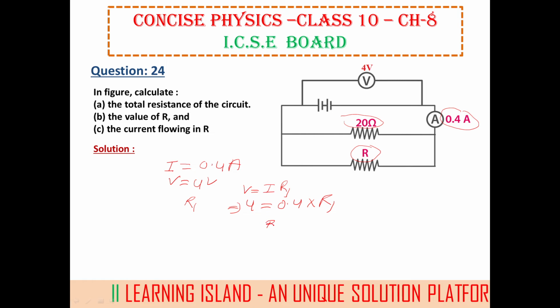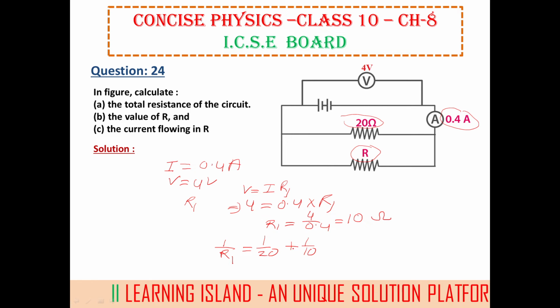So R1 is coming 4 by 0.4, that is 10 ohm. So here the total equivalent is 10 ohm. So from the circuit we can write 1 by R1 equal to 1 by 20 plus 1 by 10, because this is the total equivalent resistance.